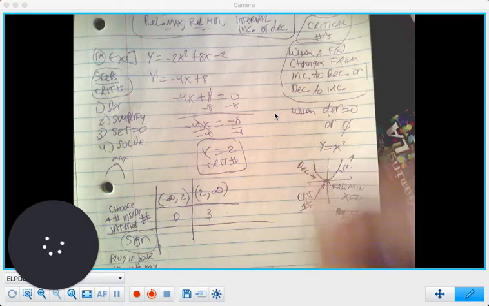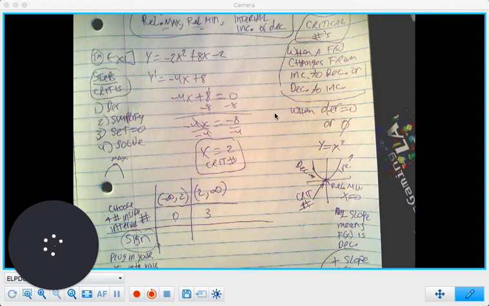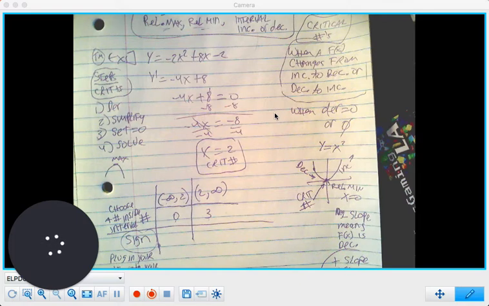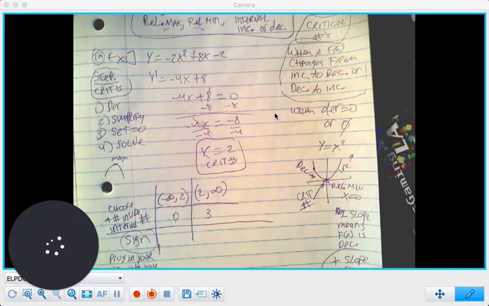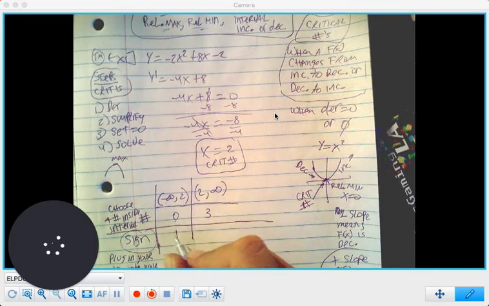Let me write my derivative here so I can have it close, because I have it all the way over here. So y prime equals negative 4x plus 8. I'm going to plug in 0. When I plug in 0, negative 4 times 0 goes away, so I get positive 8. I don't care about this number, I care about the sign, so I'm going to put plus here.